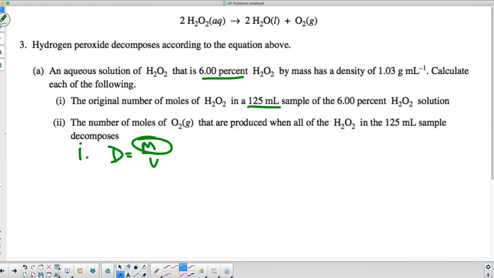I'm going to look for mass. Mass equals density times volume, which means 1.03 grams per milliliter times 125 milliliters. So whatever I get for that, let's take a look at what the calculator says. So 125 times 1.03 equals 128.75.